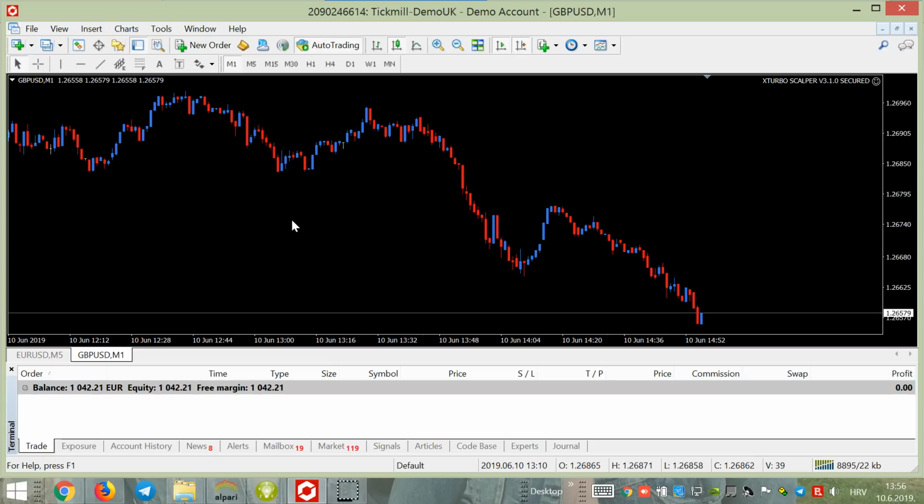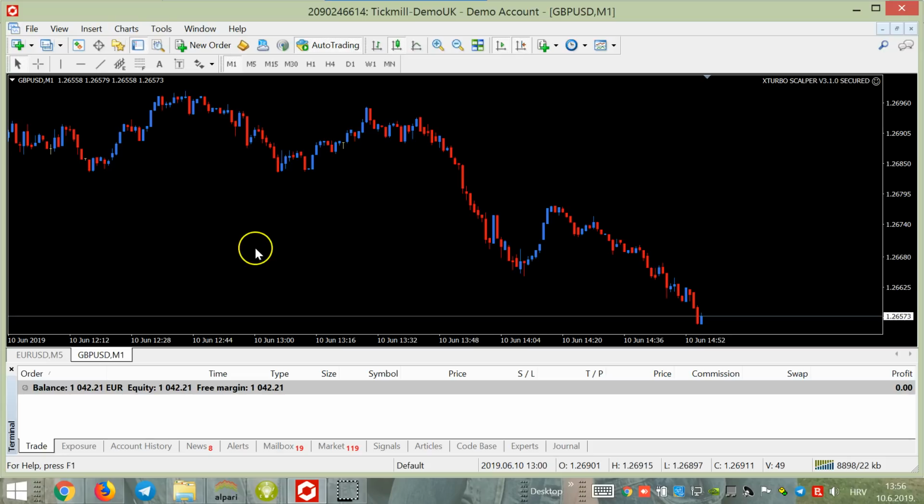Then you will see what is the best for you, what time frame, what currency pair, what settings, and then go to a real account according to the results of the demo, and then you will make safe money, because this is the only test which will give you confirmation.